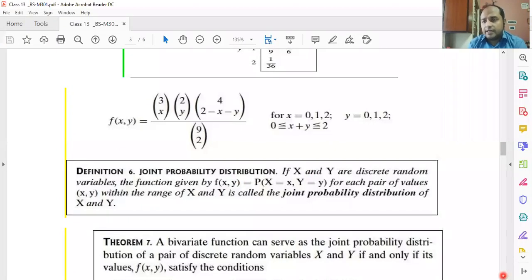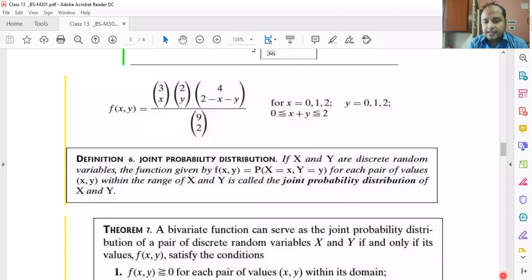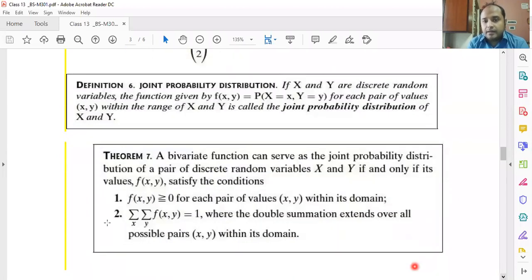Now, when we studied probability distribution for the univariate case, try to recall that we talked about two properties of the probability distribution. One property was that all the probabilities must be non-negative, f(x) must be greater than or equal to 0. And the sum total of all the probabilities must be equal to 1. Similar will be the case for the bivariate distribution. Now we have got the function of two variables.